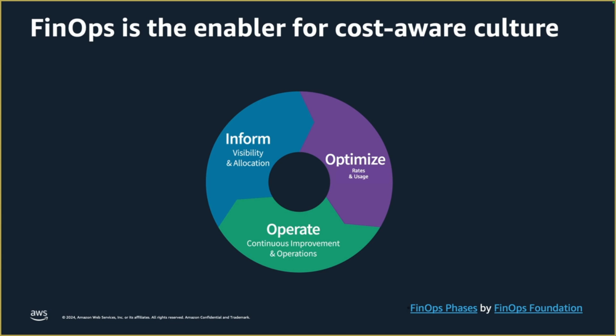You use the inform phase, or you use this tooling for visibility to report the savings, understand how much you managed to save by optimizations, celebrate the success and recognize the champions, and find more advanced optimization opportunities and go again to optimization. So it's a never-ending story, but at the same time, if you work on this continuous improvement and continuous optimization, that's where you can build this habit within the engineering teams, within your solution architects, of focusing on building not only for reliability, not only for security, but also for cost as well.